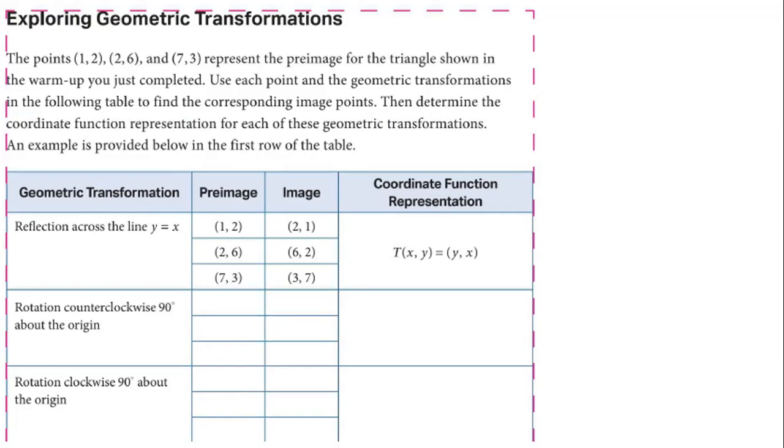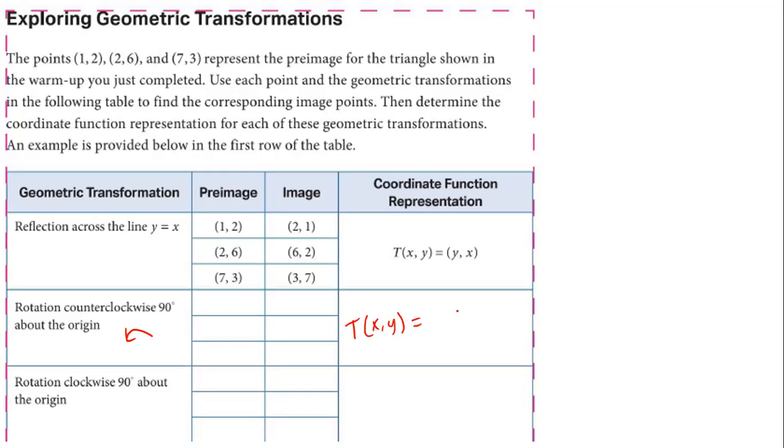All right, starting off, we have a rotation counterclockwise 90 degrees around the origin. What is our coordinate function? We're going to rotate counterclockwise. That means we're going this way, right? Around the origin, and we're going to write out the coordinate function rule. So we have to transform any x and y.